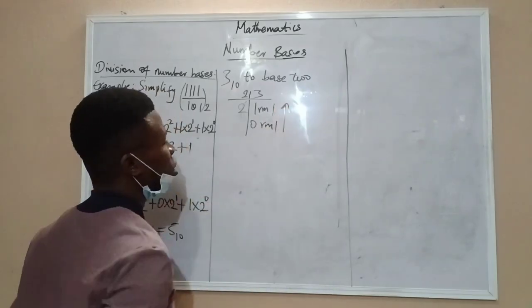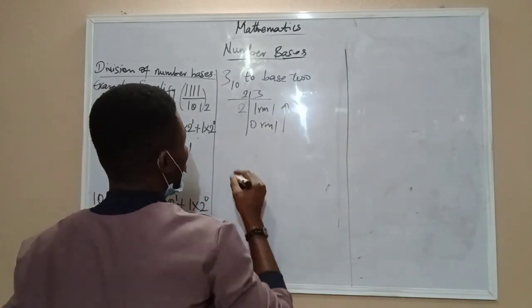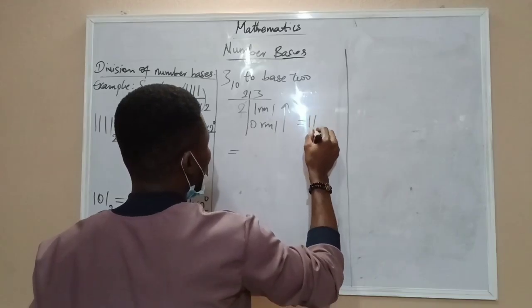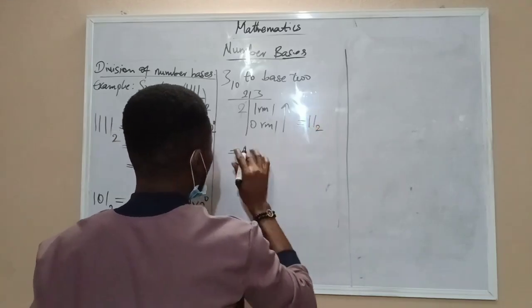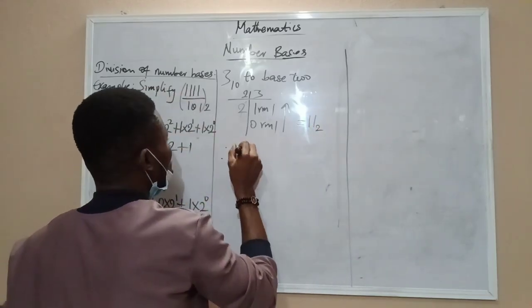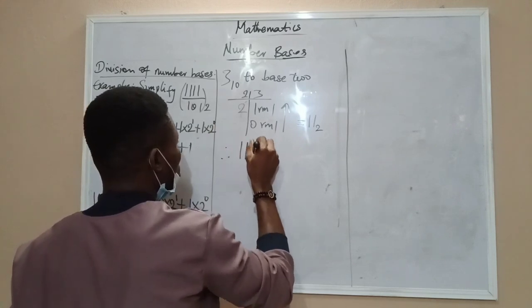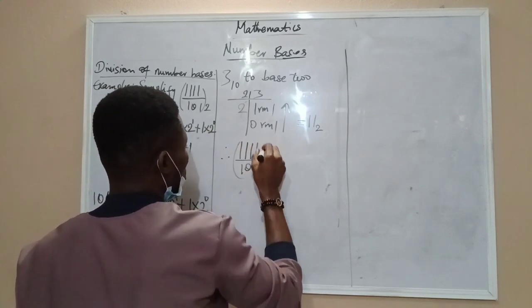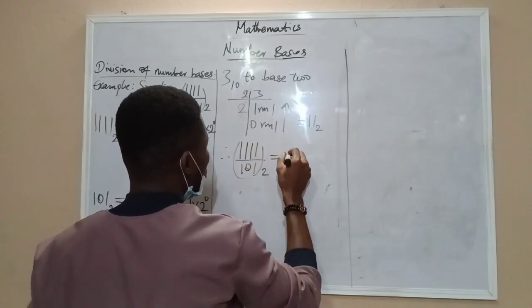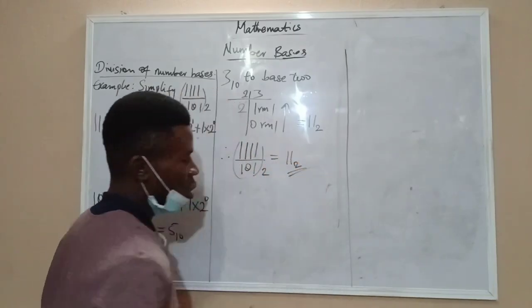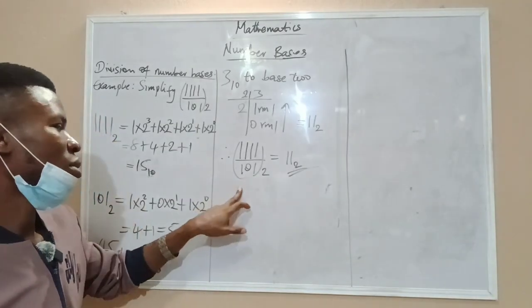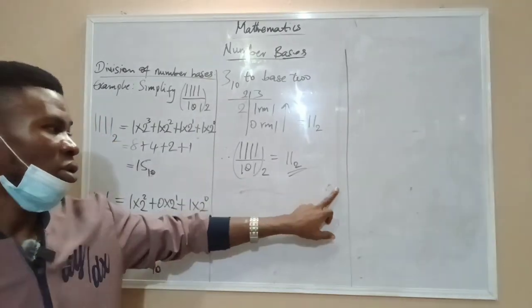And then when you take it off, it is equal to 11 in base 2. Therefore, 1111 over 101, all in base 2, is equal to 11 in base 2. It's just the minor of division of number bases.